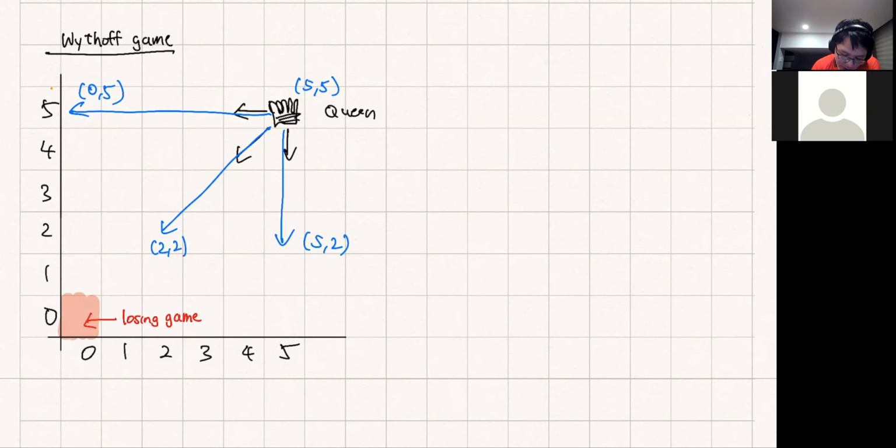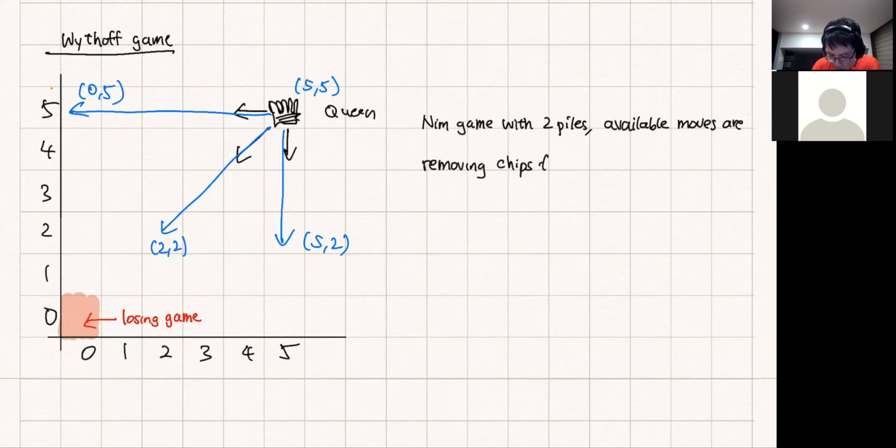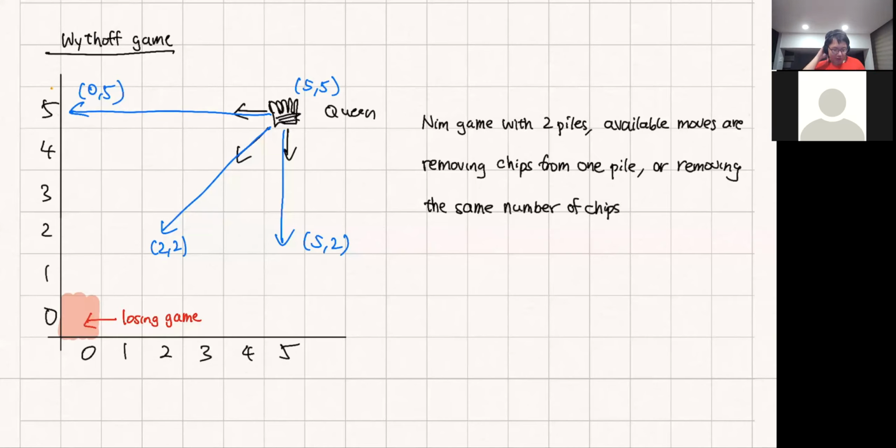So you can also think of this as a nim game with 2 piles, where the available moves are removing chips from the first pile, removing chips from the second pile, or removing the same number of chips from both piles.